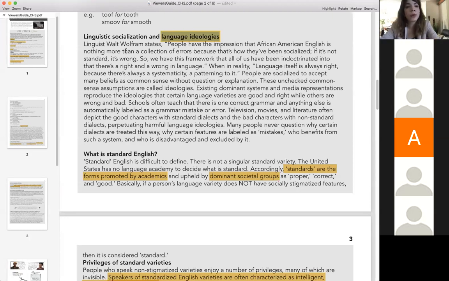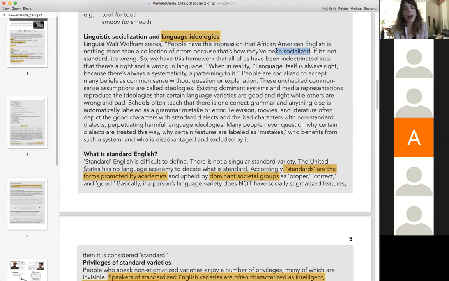Okay, so let's go to this definition. So it talks about Walt Wolfram. He made the film. He says that people have the impression that African American English is nothing more than a collection of errors because that's how they've been socialized. Socialized, socializar, significa una terminología to talk about how you were brought up.